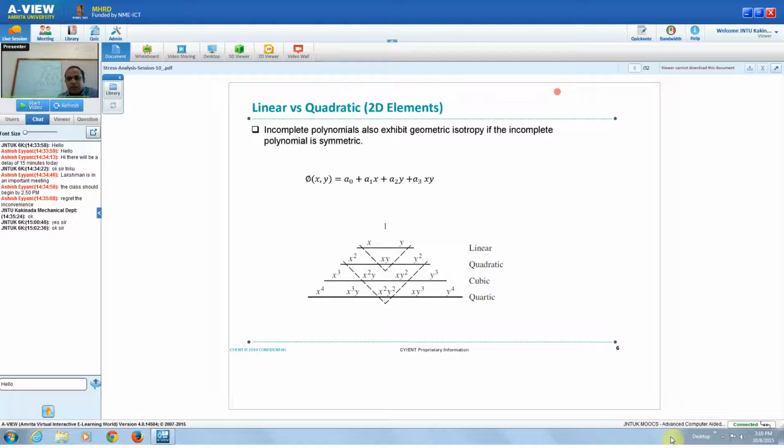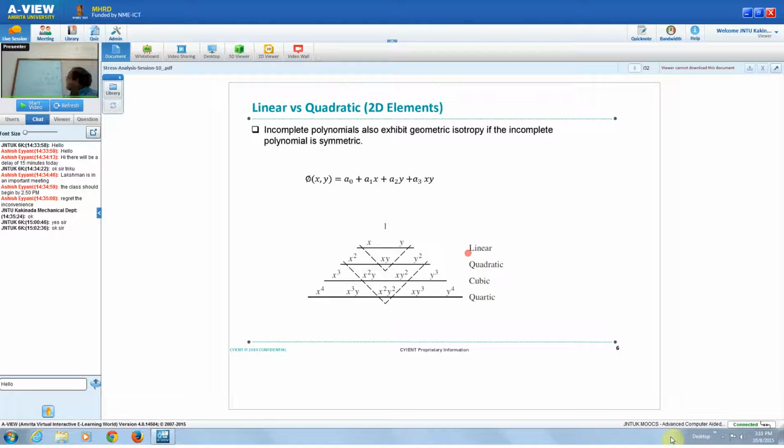Now apart from that we can have an incomplete polynomial. Incomplete polynomial in the sense it consists of a mix of various polynomials, or it consists of only one of the factors from the other polynomials.